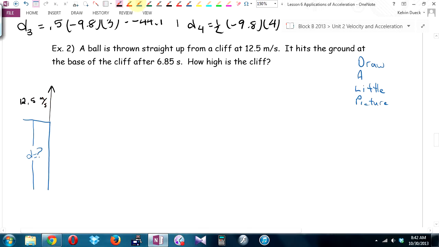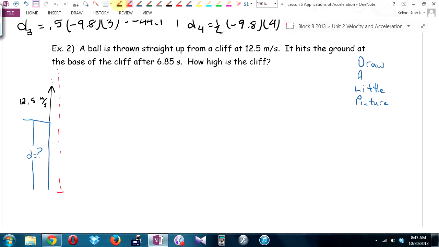And I guess what we're doing then is it's going to go up, and it's going to come down, and it's going to land. So we're throwing it straight up by sticking our hand out over the yawning chasm, so that way it can come down without hitting the cliff and hit the bottom. Is that okay? All right.